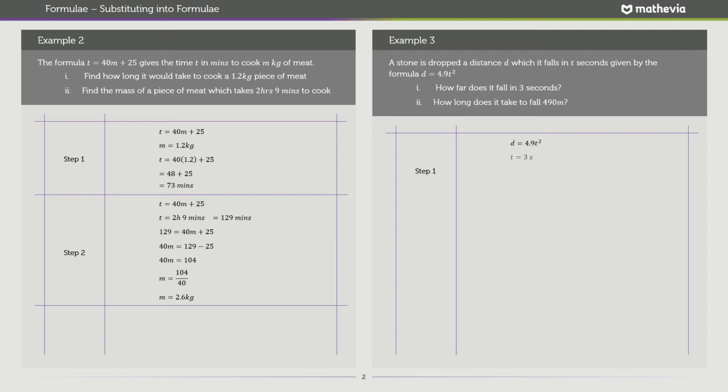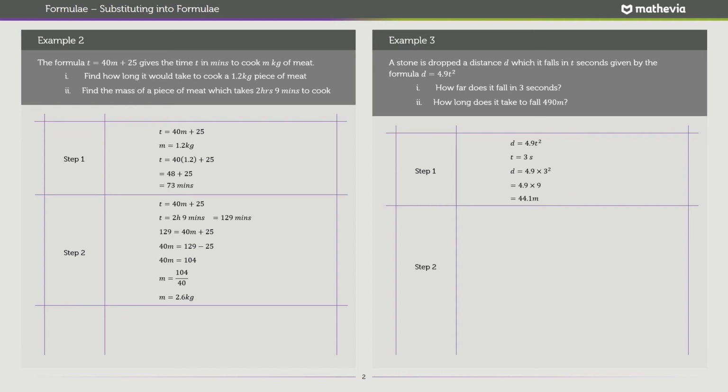We have d equals 4.9 t squared. So t is 3 seconds. So d is 4.9 times 3 squared. You just put 3 for t in the formula. So 4.9 times 3 squared, and what we have in the end is 44.1 meters.